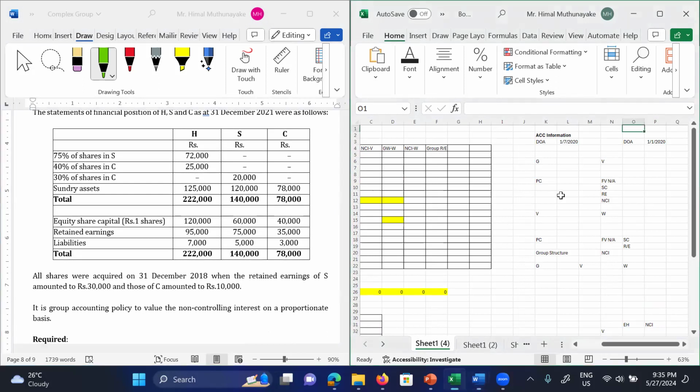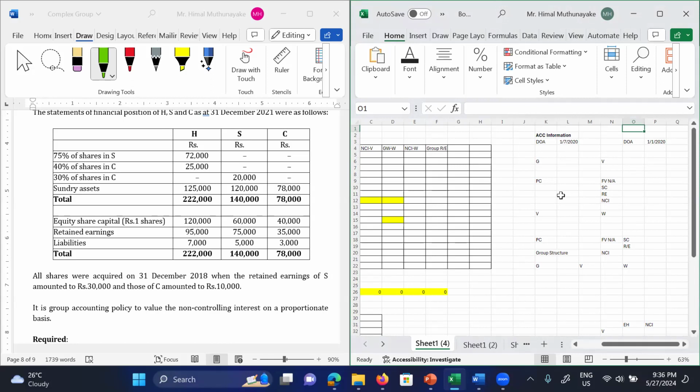We are using the proportionate basis when we are calculating the NCI. ඒ කියන්නේ NCI value එක දීලා නැහැ, අපිට calculate කරගන්න කියලා තමයි කියන්නේ proportional basis. අපි ඉගෙන ගත්තා basic consolidation වලදී fair value method එක සහ proportionate method එක. fair value method එක කියන්නේ අපිට already දීලා තියෙනවා. proportionate method එකේදී අපි fair value of net asset එකෙන් percentage එකක් NCI එකට ගන්න ඕනේ. That is what we called the proportionate method.